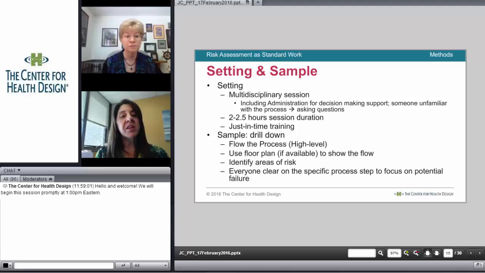So you have the initial 2 to 2.5 hour session where you do the training. If you do identify 10 different processes that you're going to look at, how does that work? What's next? Well, typically if you're dealing with a particular process flow, then you're working with the same people.